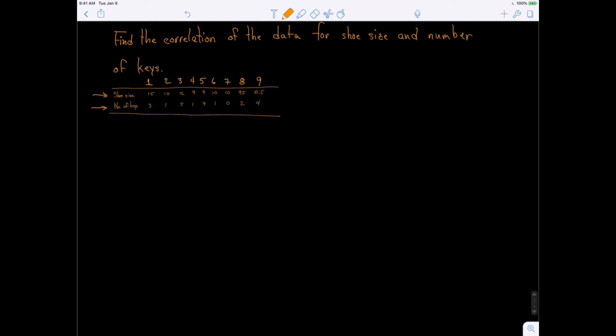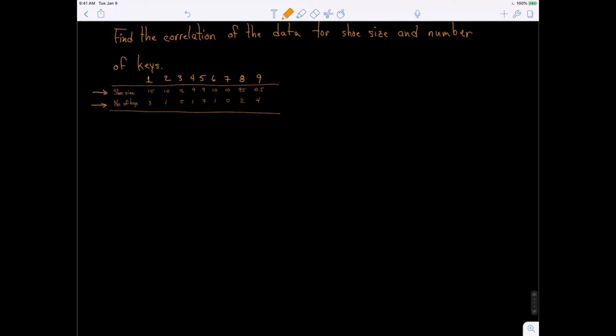We're going to graph these as shoe size. This will be our explanatory or independent variable. Or we also call it, that'll be our x's.